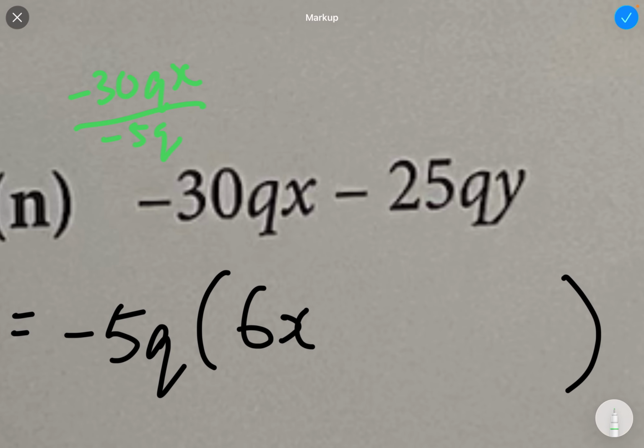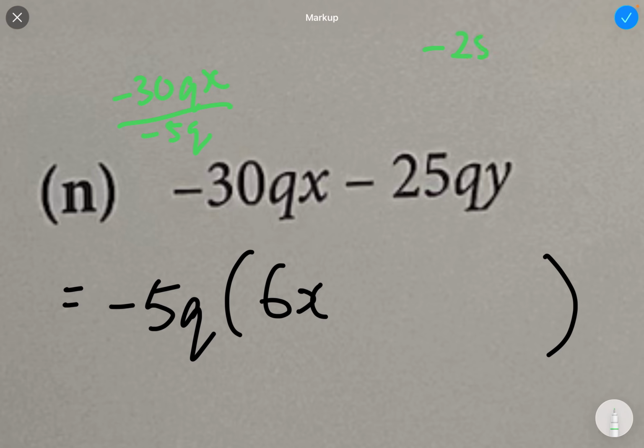Okay? So what is happening is, I take minus 25qy divided by minus 5q to get this number over here. Minus minus cancel become plus. 25 and 5 cancel, becomes 5. Q and Q cancel. So I'm actually left with positive 5y.